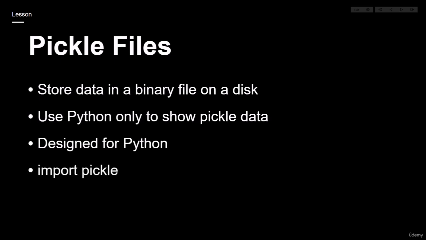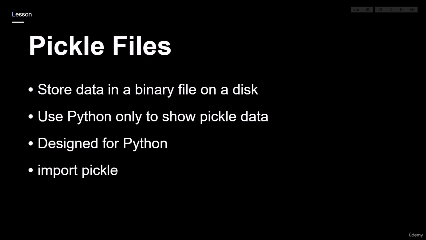And if you want to work with Pickle files in Python programming language, there is a module called Pickle. So you can import it using the import statement first, then you can use the name of this module to work with Pickle files easily, to store data in a binary file, to serialize the data in a binary file on a disk, and then you can unpickle or deserialize the data again to show it using Python programming language.